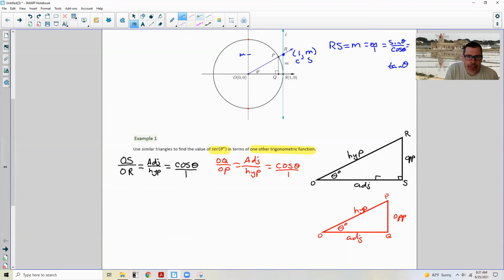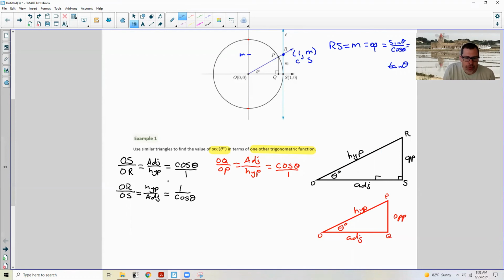Let me flip this over. OR over OS is hypotenuse over adjacent. I'm just flipping it, and that is 1 over cosine theta.